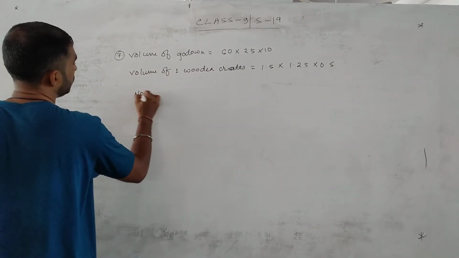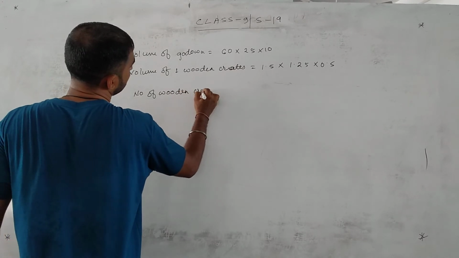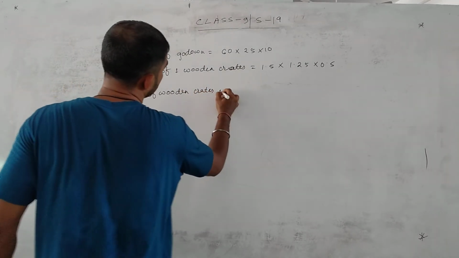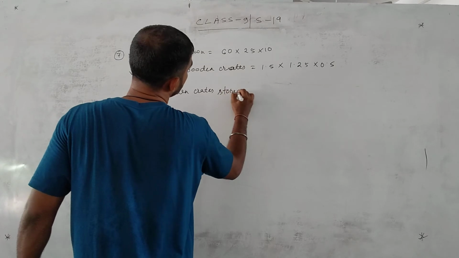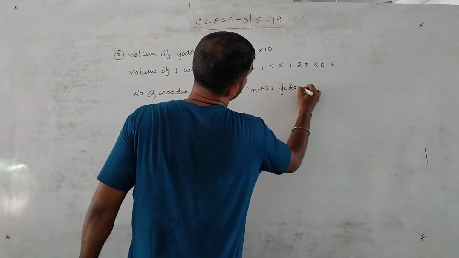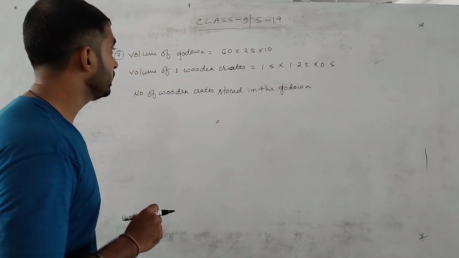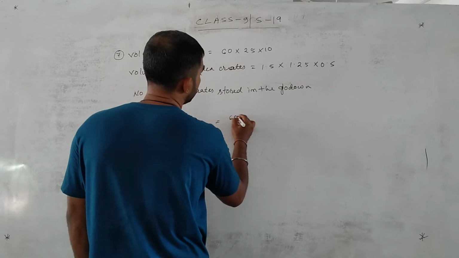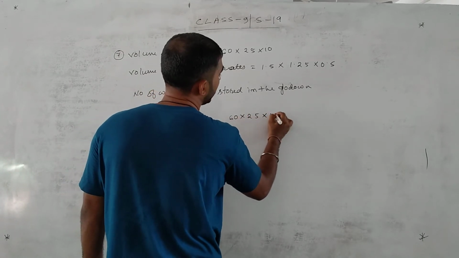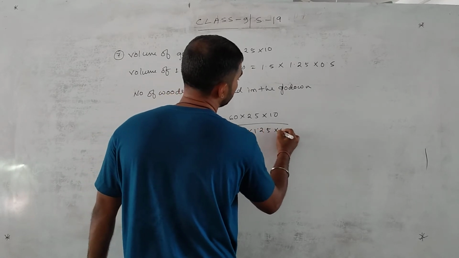So the number of wooden crates stored in the godown equals the volume of the godown by the volume of one wooden crate, 60 into 25 into 10 by 1.5 into 1.25 into 0.5.